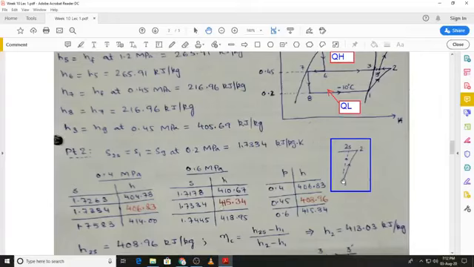So what we are assuming is that the entropy remains the same, that is 1.7334. 1.7334 is the entropy that we want to be maintaining throughout from state 1 to 2s, and we find that corresponding to this value of the entropy, when the pressure is 0.4 megapascals, the enthalpy will be 406.83 kilojoules per kilogram, and corresponding to the same entropy when the pressure is 0.6 megapascals, the enthalpy will be 415.34 kilojoules per kilogram.